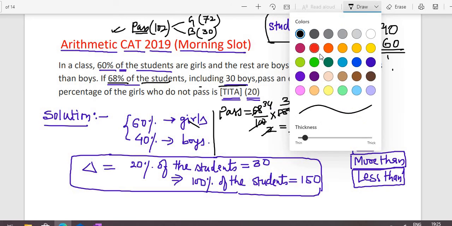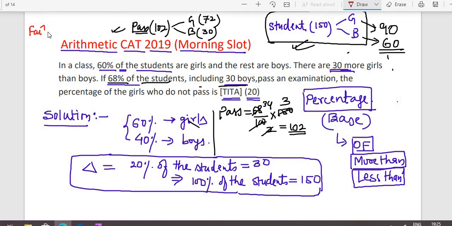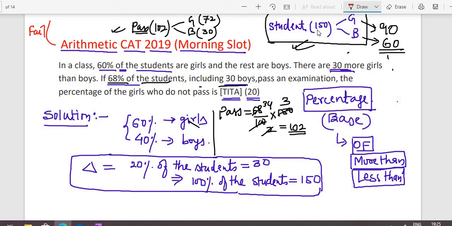I'm giving you a detailed solution of this particular question. So if I make a diagram like this, how many of them fail? See, 150 total minus 102, so that will give me 48. 48 are failing the exam. Again, out of those, we have girls and boys.